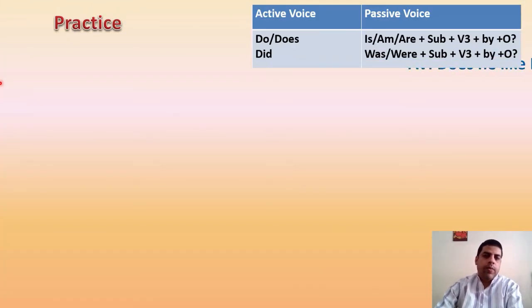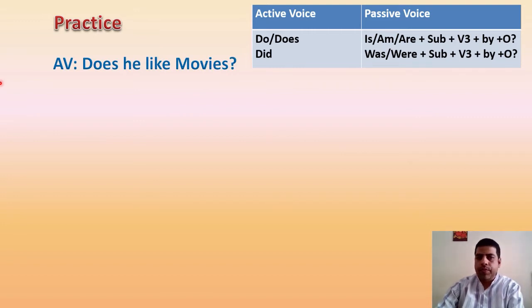Look at our first example. Does he like movies? Here, he is the subject, movies the object, and the verb is like. While converting, we have to bring movies as the subject. He becomes him as the object.